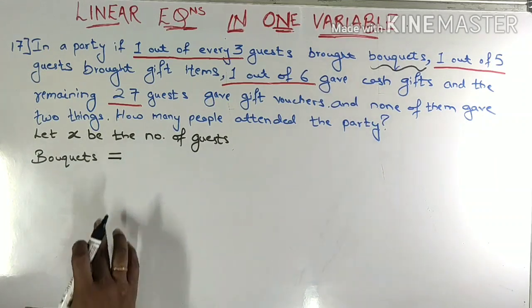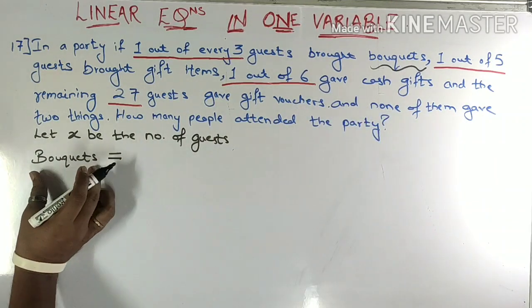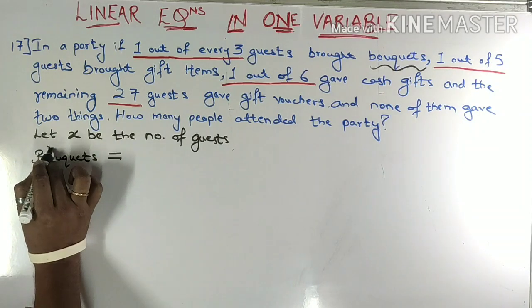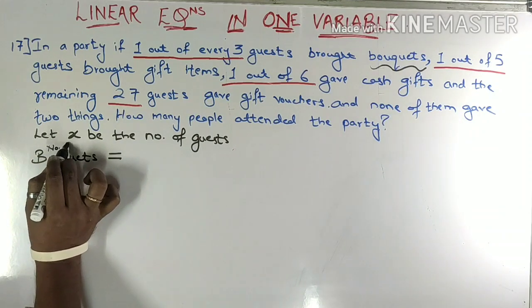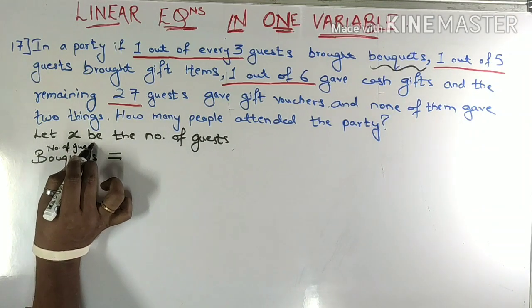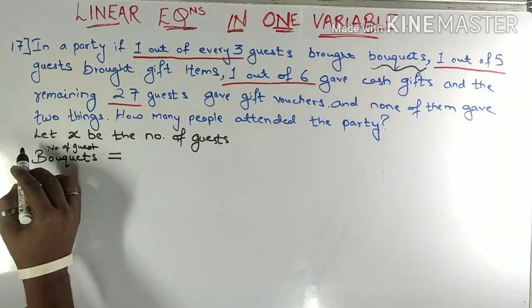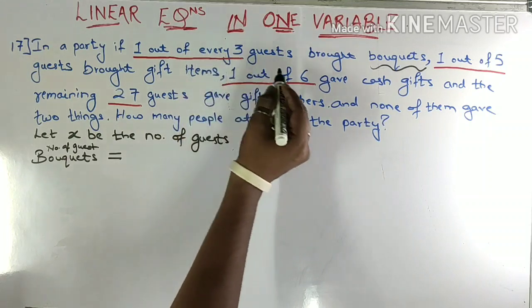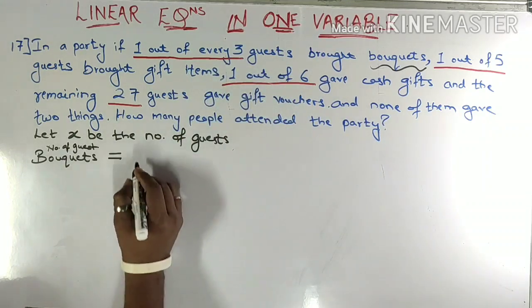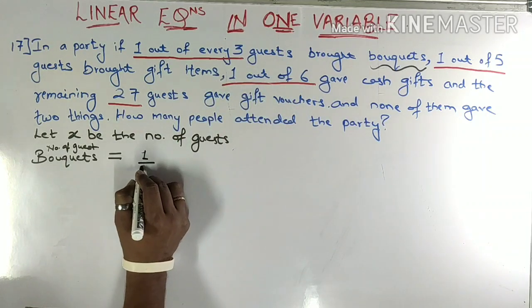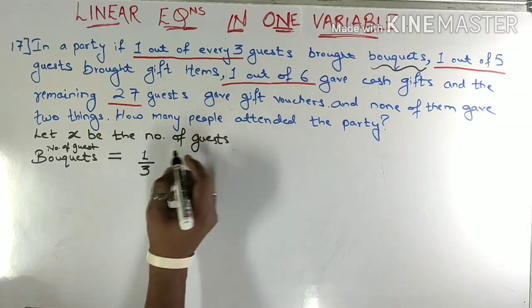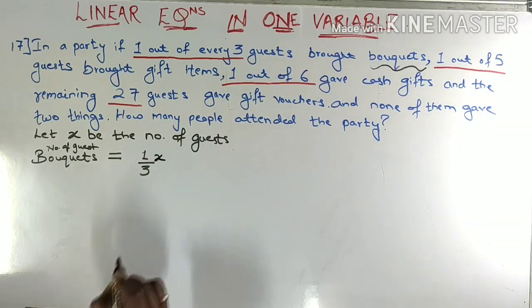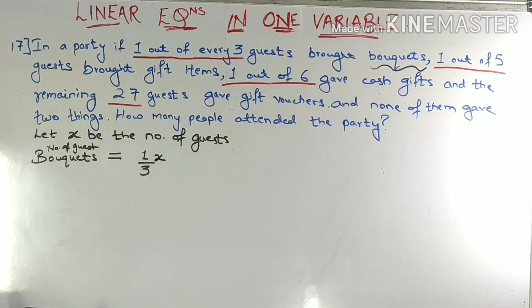This is not bouquets equal to, it is the number of guests that brought bouquets. Please understand, 1 out of 3 guests brought bouquets. So 1 out of 3 of the total number of guests, that is x.